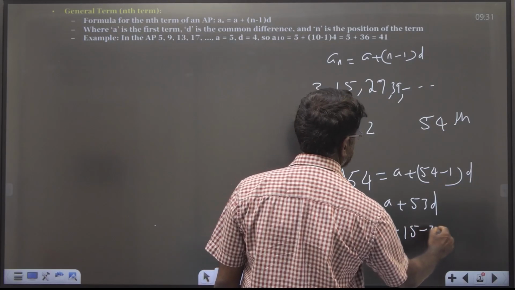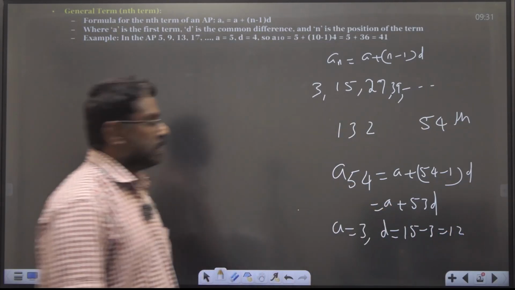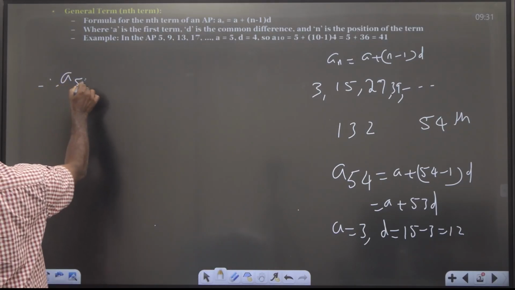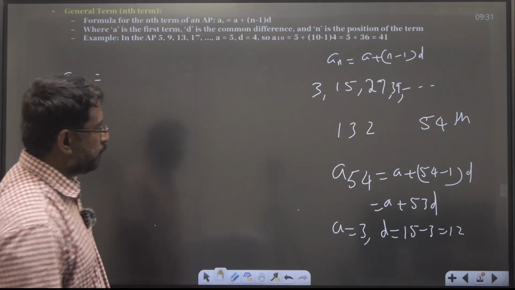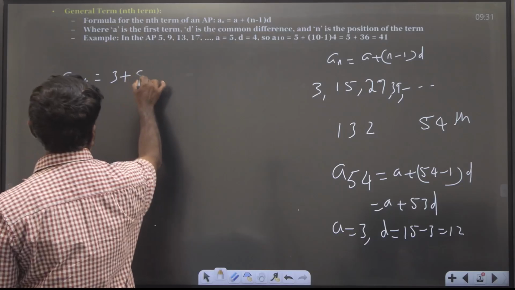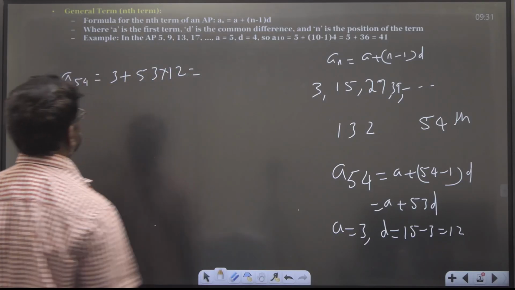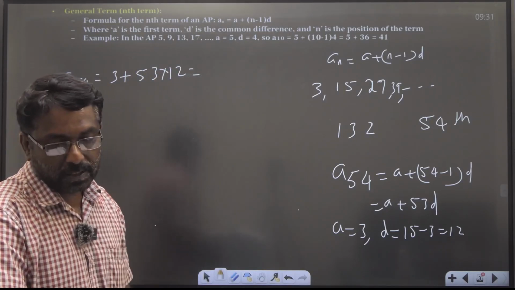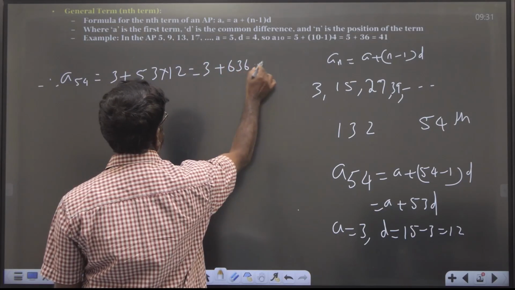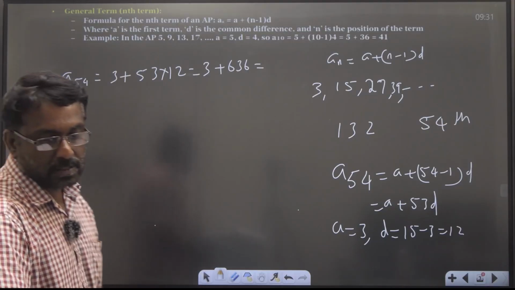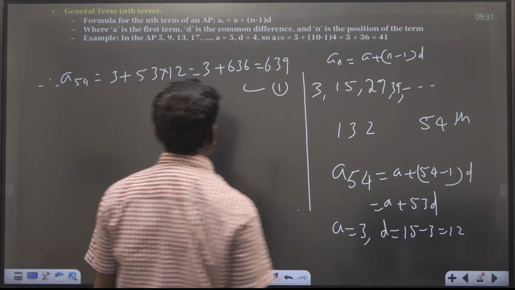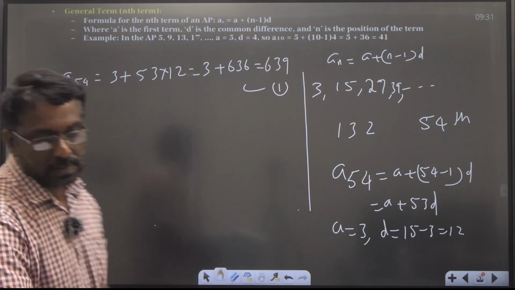That is 15 minus 3 is equal to 12. So, A54 is equal to a plus 53d, that is 3 plus 53 into 12. 53 into 12 is 636, so 3 plus 636 is 639. A54 is equal to 639.